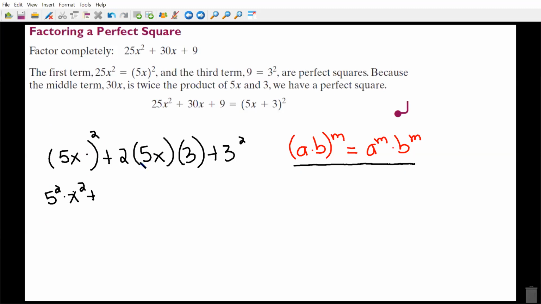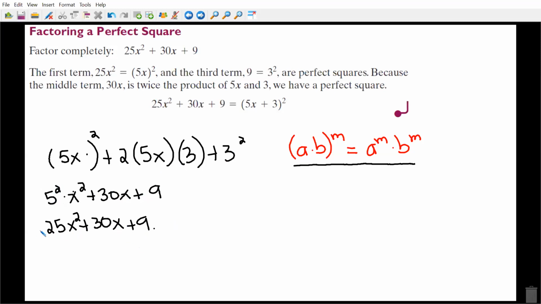Now 2 times 5 is? 10. 10 times 3? 30. 30x. And 3 squared is going to be equal to? 9. And how much is 5 squared? 25. 25x squared plus 30x plus 9, right? Yes.